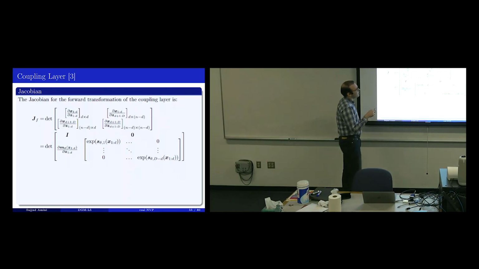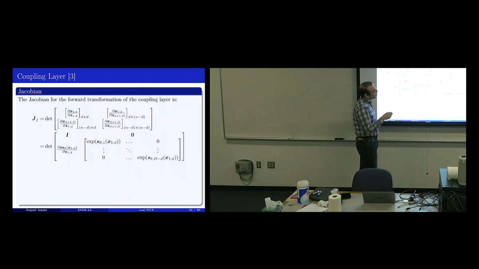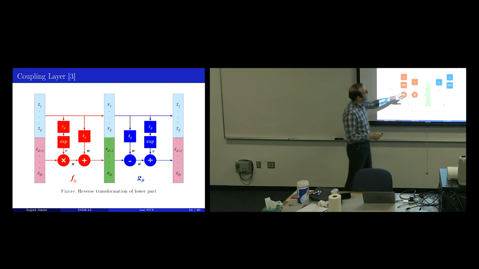The first block is the derivative of the first block with respect to the first block of the input, which is identity, because you exactly copied them. The second part is 0, because the first part is the formulation of the first part, as you can see here.